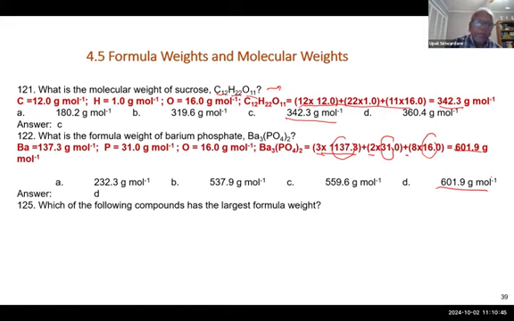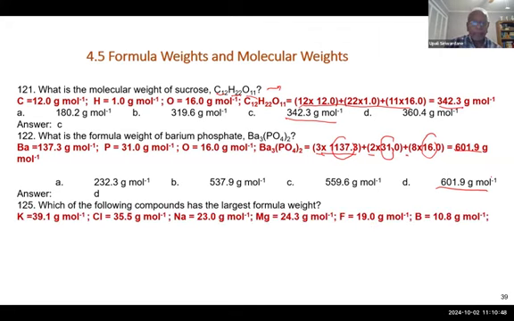Which of the following compounds has the largest formula weight? You add up all the masses. We looked at here. Formula weight is 39 here, 35 here, 23 here, magnesium.